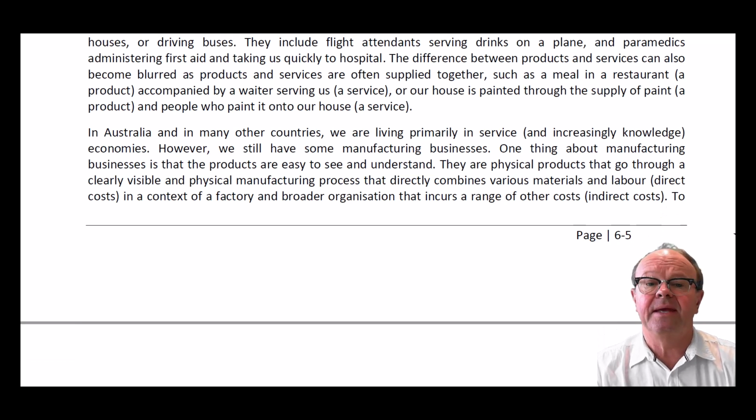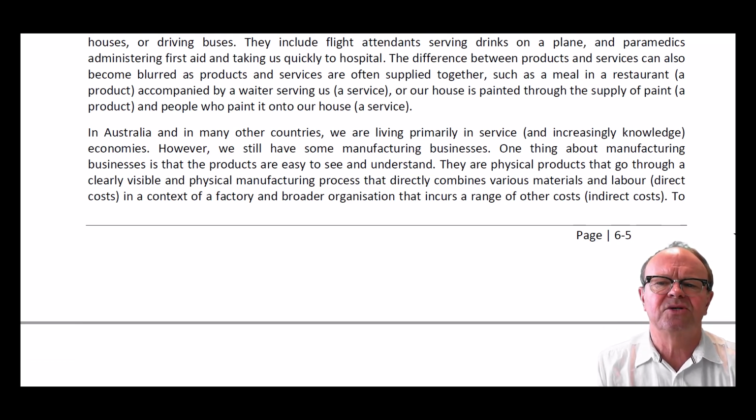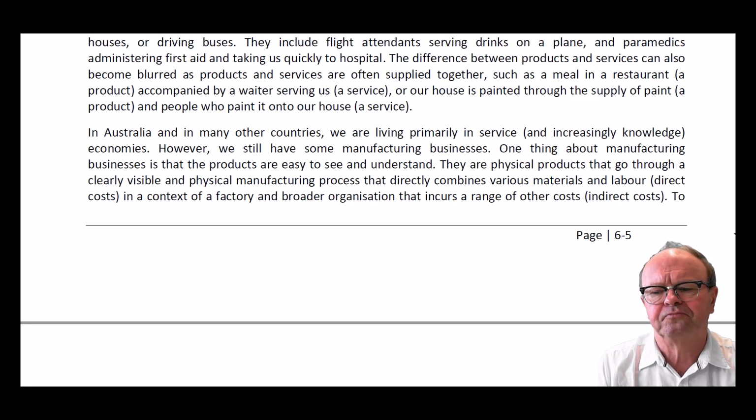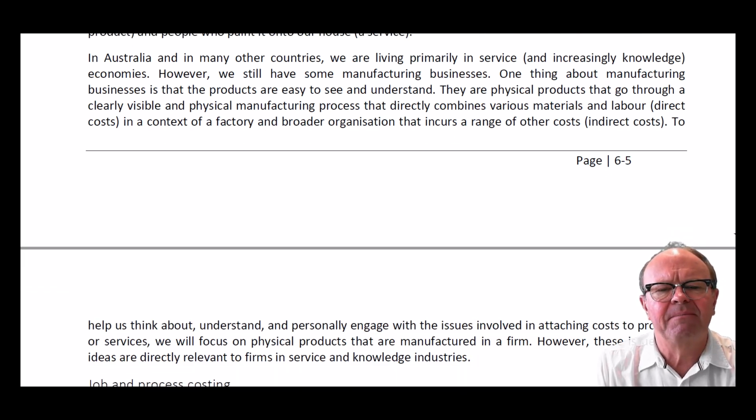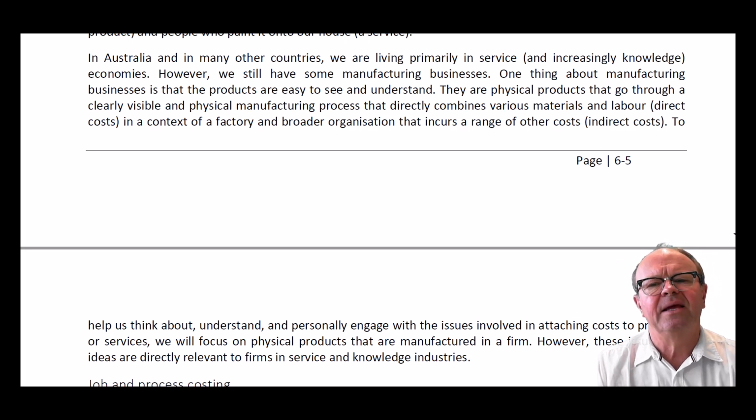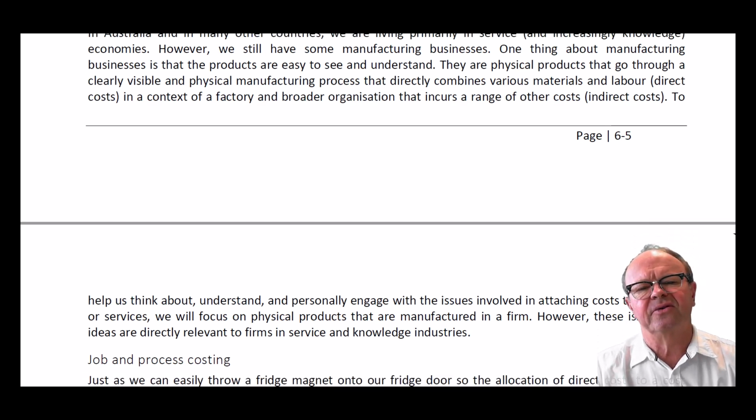In Australia and in many other countries, we are living primarily in service and increasingly knowledge economies. However, we still have some manufacturing businesses. One thing about manufacturing businesses is that the products are easy to see and understand. They are physical products that go through a clearly visible and physical manufacturing process that directly combines various materials and labour, direct costs, in a context of a factory and broader organisation that incurs a range of other costs, indirect costs.